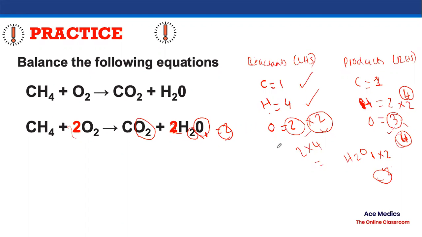And now we have 4 oxygens as well, because once we put the big 2 in front of the H2O, we have 2 oxygens from the H2O and 2 oxygens from the carbon dioxide, making 4 oxygens altogether. And so that means we have to put the big 2 in front of the oxygen to get 4 oxygens. So now all of this is balanced.